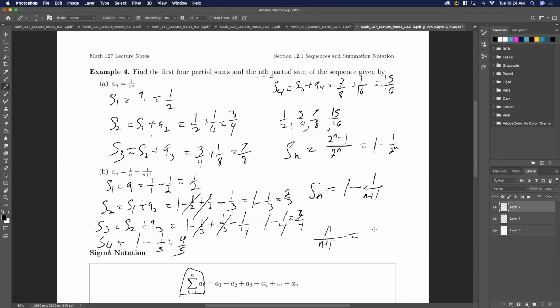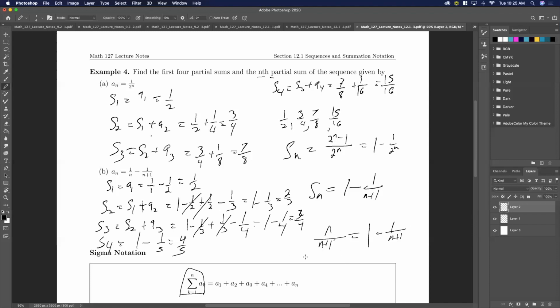To show this would be equal takes a little bit of a step. We'd have n minus 1, n plus 1, so we'll just move that over. We have 1 minus n over n plus 1, plus 1 over n.